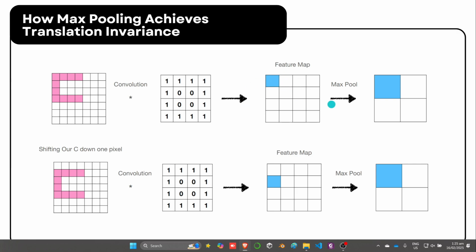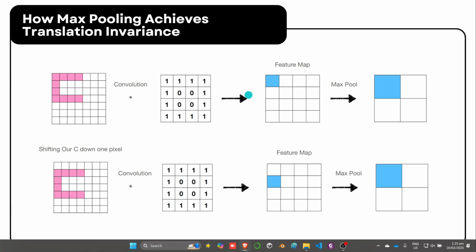Then after applying a max pool, we get this blue thing here, the largest portion. This is just a hypothetical output, by the way, because we don't have values in here, but just imagine that this was the output of the feature map and this was the output of the max pool operation.